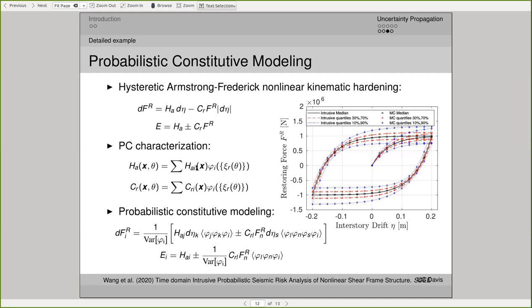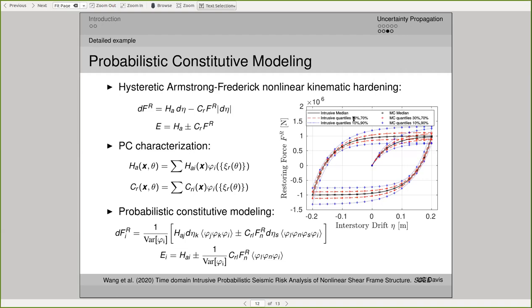Then we combine this polynomial chaos representation with the original formulation of our constitutive driver and perform the Galerkin projection. We get modeling equations for the probabilistic updating of the increment of the restoring force and the probabilistic updating of the uncertain stiffness term.